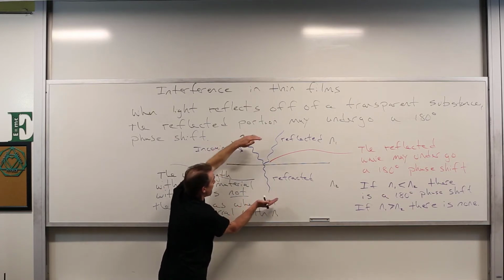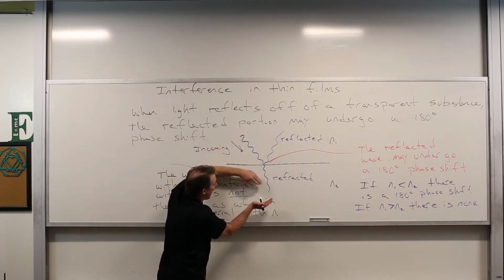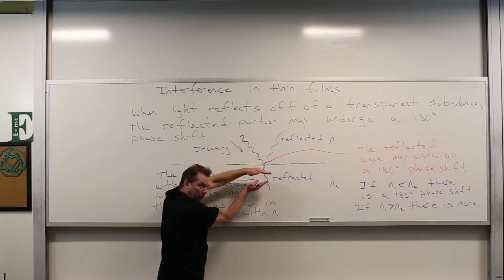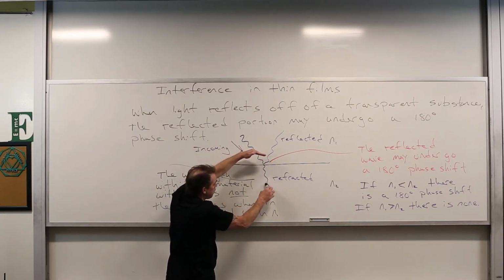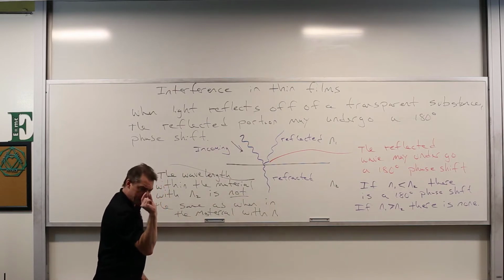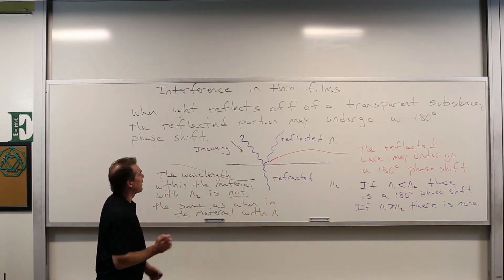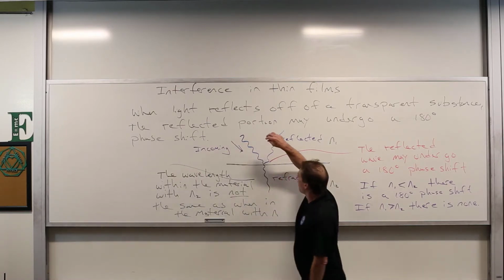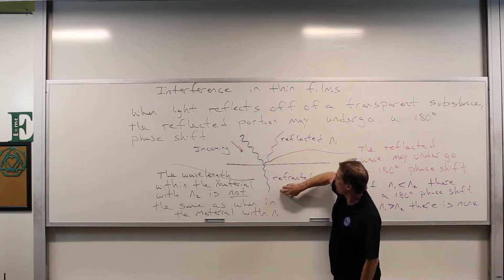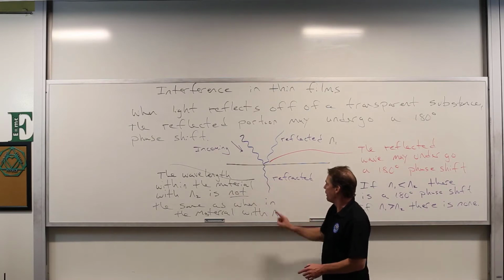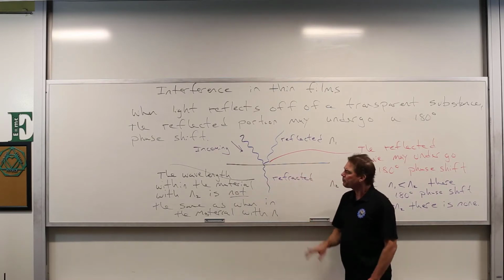Going from a lower index into a higher index produces a compression of the wave in terms of its wavelength, and it's spaced together by a finer amount. If we go from a higher index into a lower index, it speeds up and the wavelength gets larger.